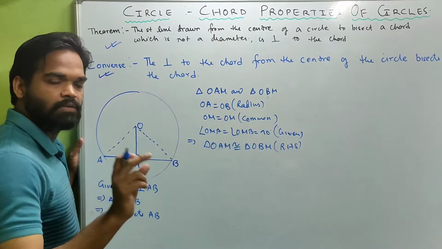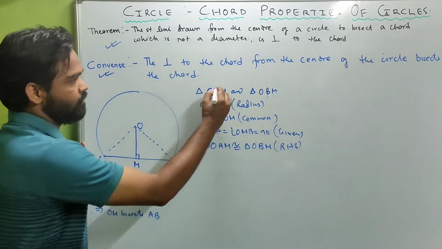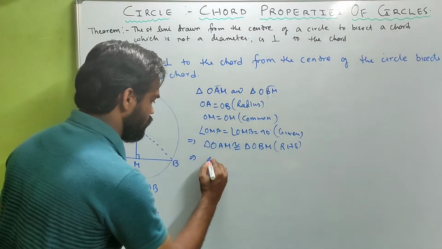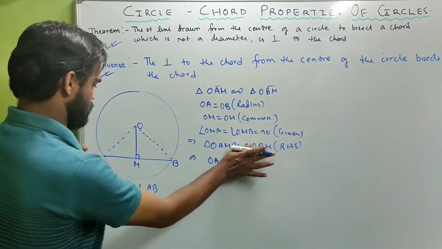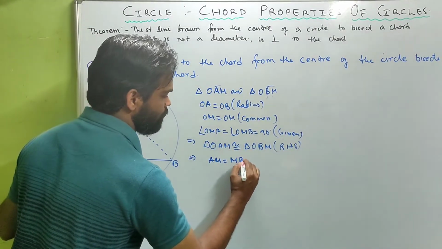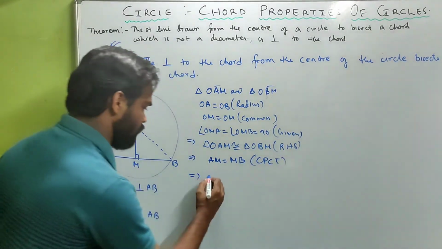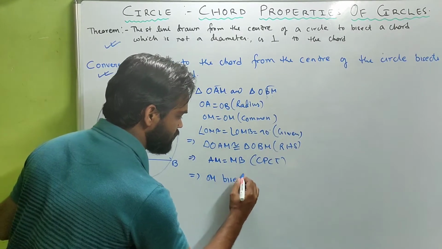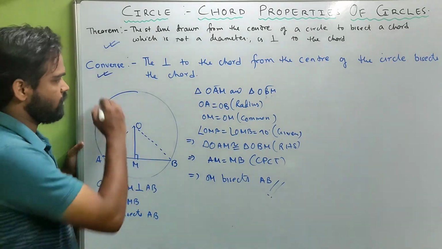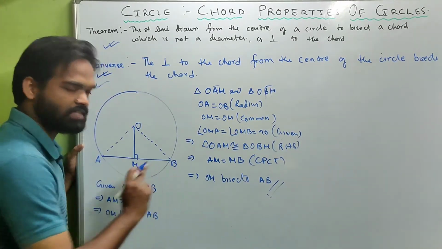So these two triangles are congruent. Now if they are congruent, then AM will be equal to MB, CPCT, which means that OM bisects AB. Clear? So the converse is if OM is the perpendicular, then OM bisects AB.